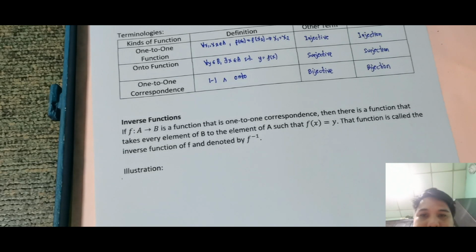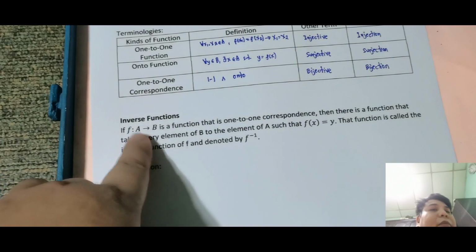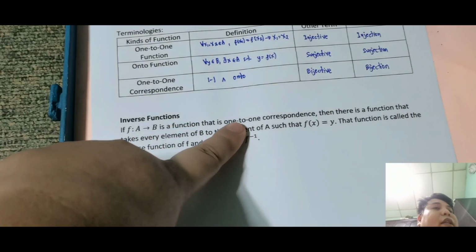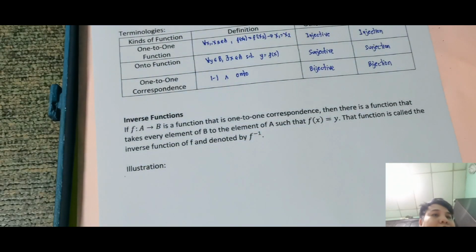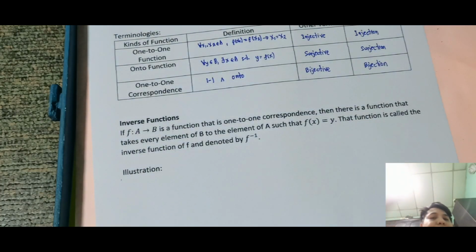Okay, so let's have another topic. So ito ay related pa rin sa lahat ng yan. So, inverse function. Let's have inverse function. If f is a function mapping from A to B, so a one-to-one correspondence, ulitin ko lang ha. If f mapping from A to B is a one-to-one correspondence, meaning bijective siya or in bijection, then there exists a function that takes every element of B to the element of A, such that f of x is equal to y.